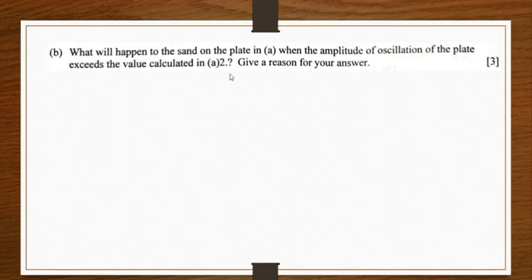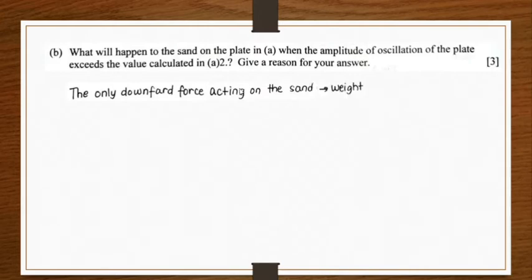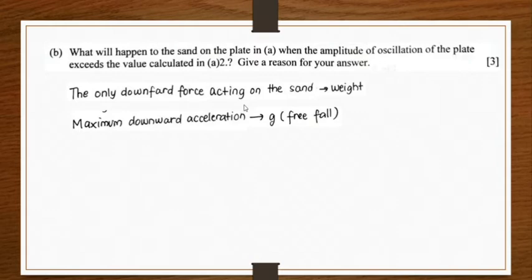What will happen to the sand on the plate when the amplitude of oscillation of the plate exceeds the value calculated in part 2? Give a reason for your answer. Now, since the only downward force acting on the sand is their weight, their maximum downward acceleration is the acceleration of free fall.